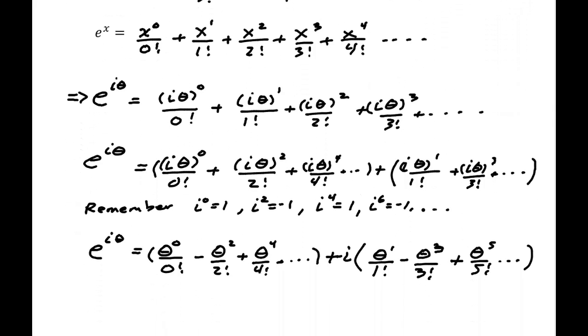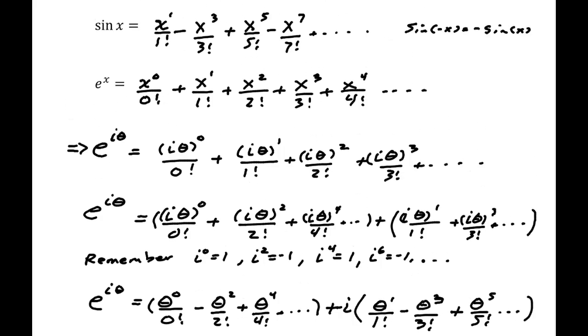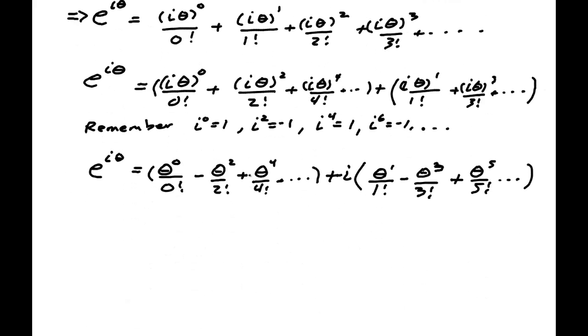This 0 over 0 factorial minus x squared over 2 factorial, that term and what's in this parentheses are exactly the same, except instead of x, I have theta. So this right here, by comparison with our expansions, is cosine theta.